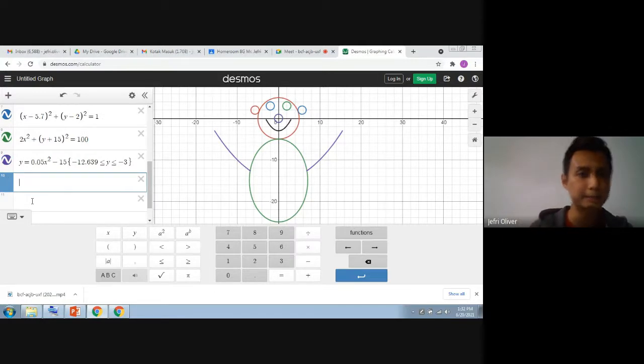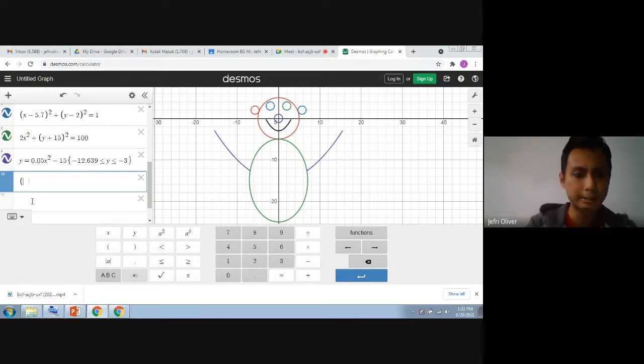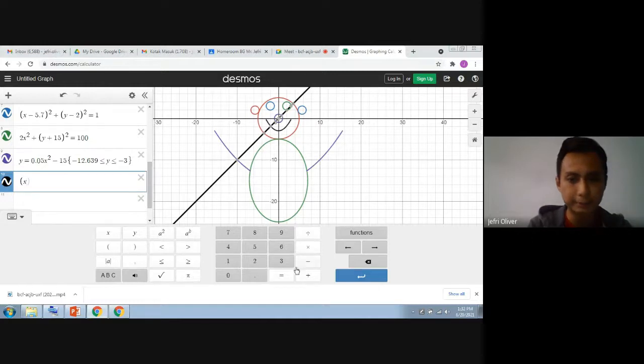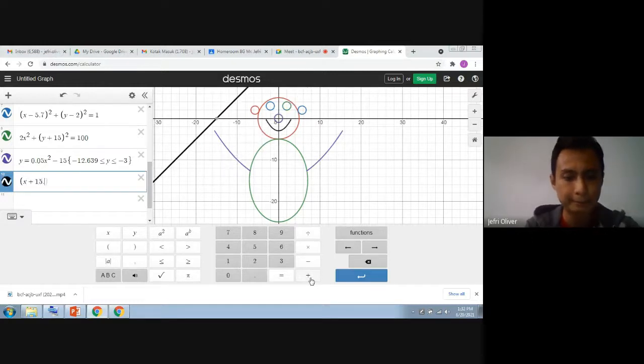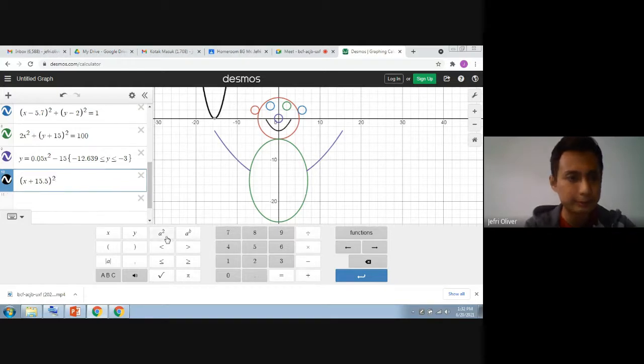And then you can add some elements for the hands of this cartoon, like the circle for the arms: (x plus 15.5) squared plus (y plus 3) squared is equal to 4.